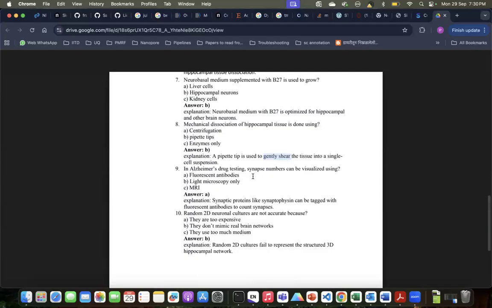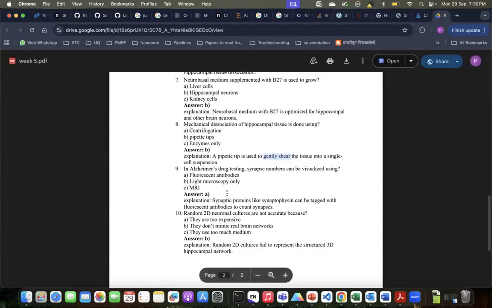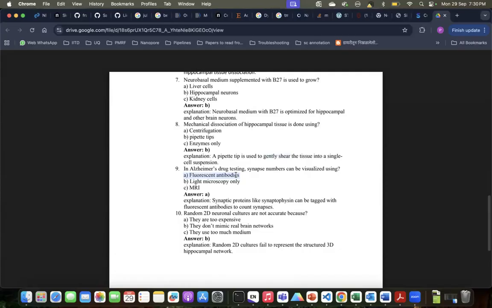In Alzheimer's disease drug testing, the synapse number can be visualized using fluorescent antibodies. We saw that you can have a presynaptic molecule and a postsynaptic molecule together, let's say one is red and one is green.